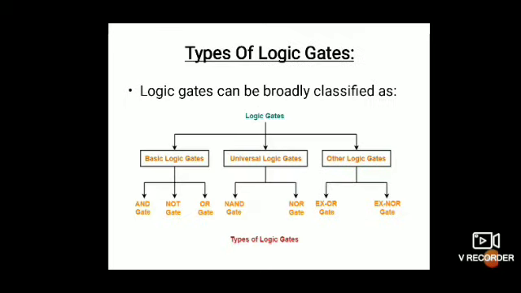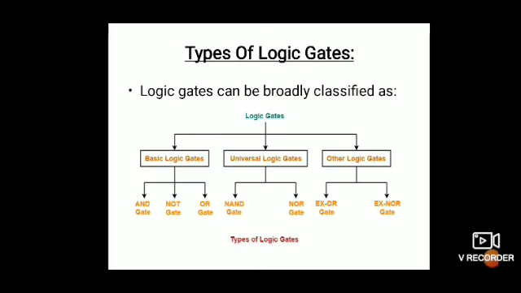So here are the types of the logic gates. Logic gates can be broadly classified as the basic logic gates, the universal logic gates, and the other logic gates. In our digital electronics world, there are only three basic logic gates, which are the AND gate, the NOT gate, and the OR gate.